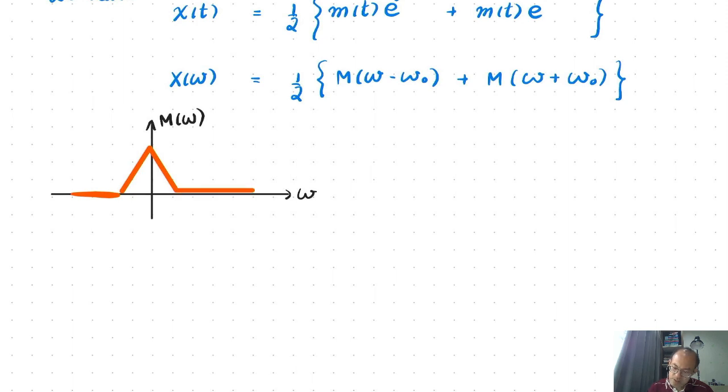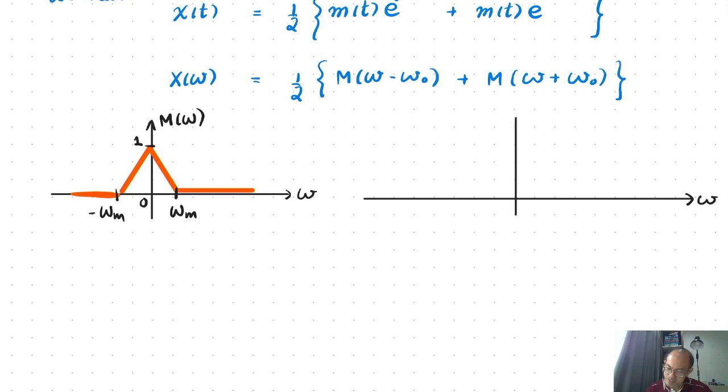Okay, let's say this is omega m and minus omega m, and let's say this is 1. Then the spectrum of x, after we multiply the time signal m(t) by cosine at frequency omega 0, the resultant will be this spectrum shifted to the right and to the left, but the amplitude will be half.